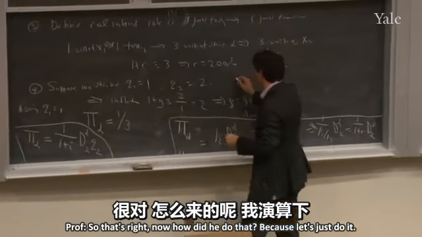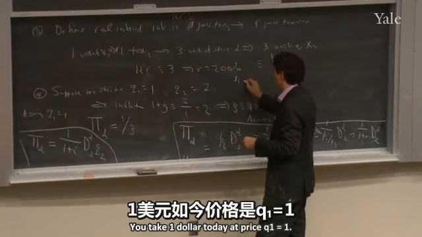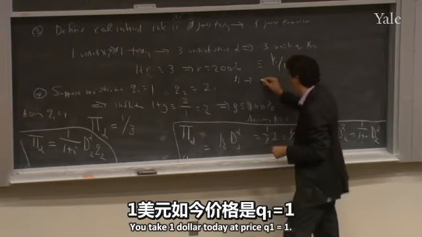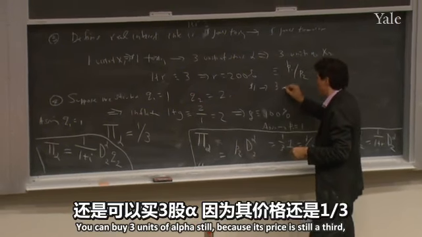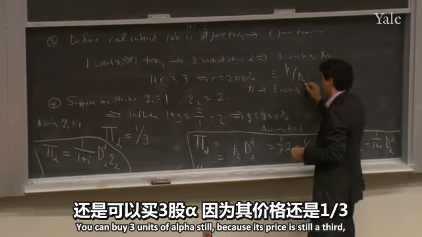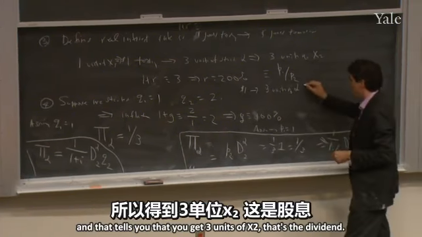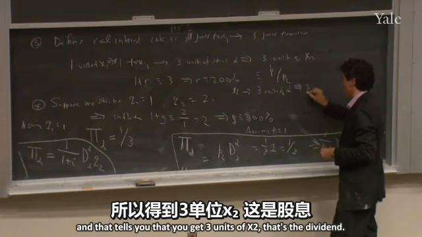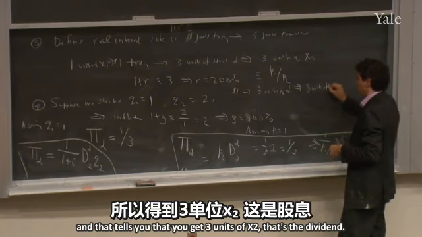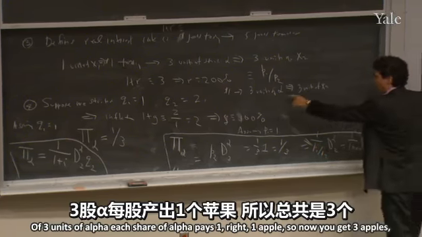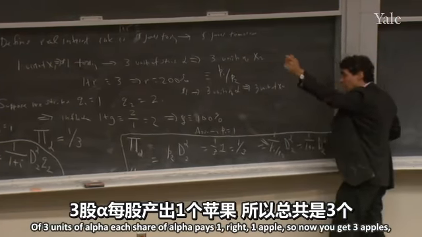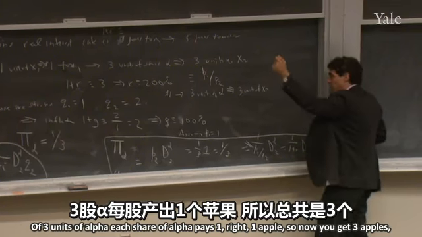Because let's just do it. You take $1 today. At price Q1 equals 1, you can buy 3 units of alpha still, because its price is still a third. Okay, and that tells you that you get 3 units of X2. That's the dividend of 3 units of alpha. Each share of alpha pays one apple.